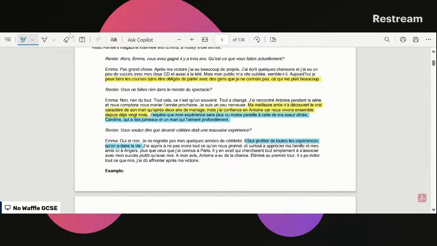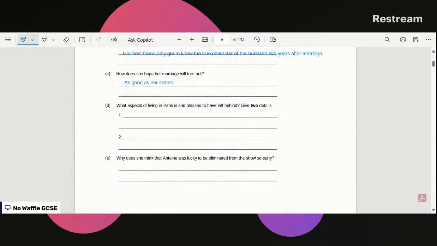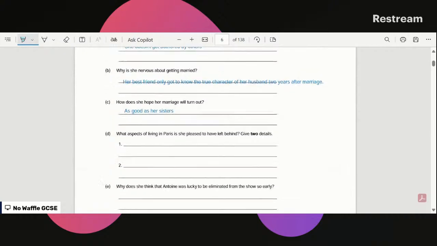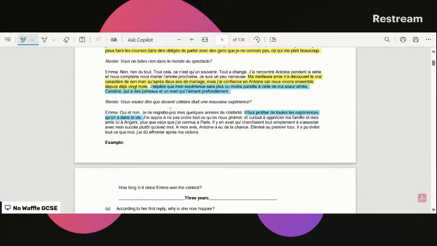But here we are being asked what 2 things, what was the question again? What 2 things is she pleased to have left behind? Okay, so j'ai appris à ne pas croire tout ce qu'on nous promet. Okay.